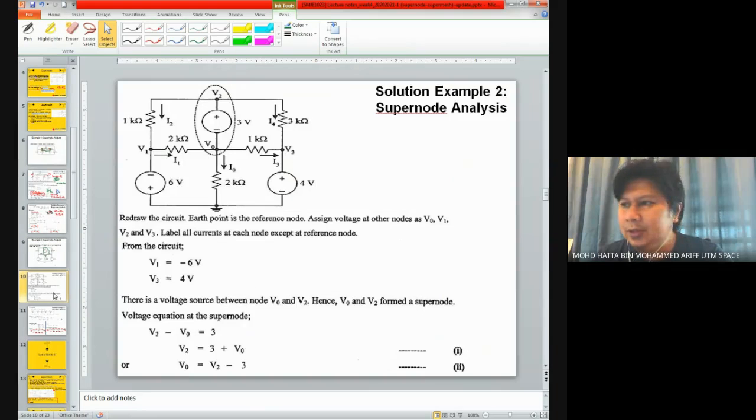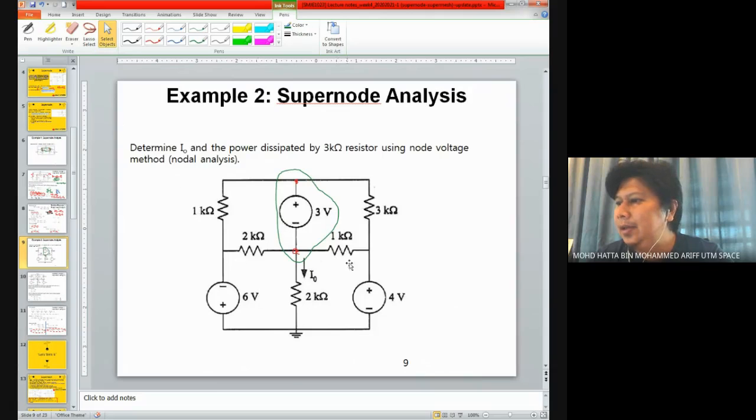Okay, this is a solution for the example. As usual, we need to redraw the circuit, or maybe you can put some notes on the original circuit. In other words, we need to assign the current. If you look at the question earlier, we don't have any current assigned over here except for this I/O, which has its direction towards the negative terminal over here.